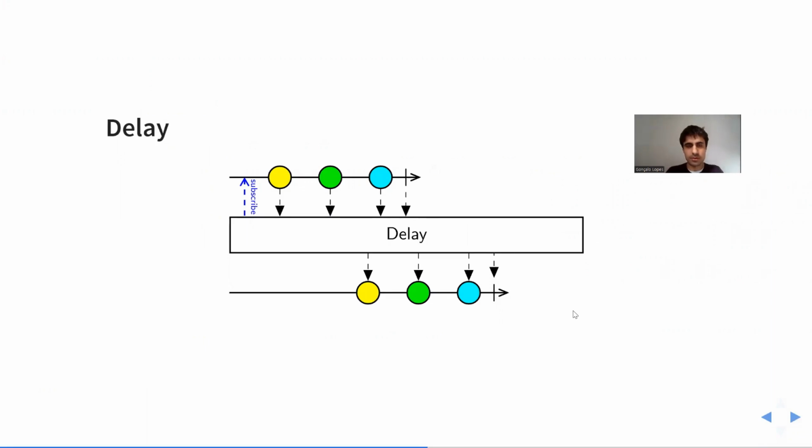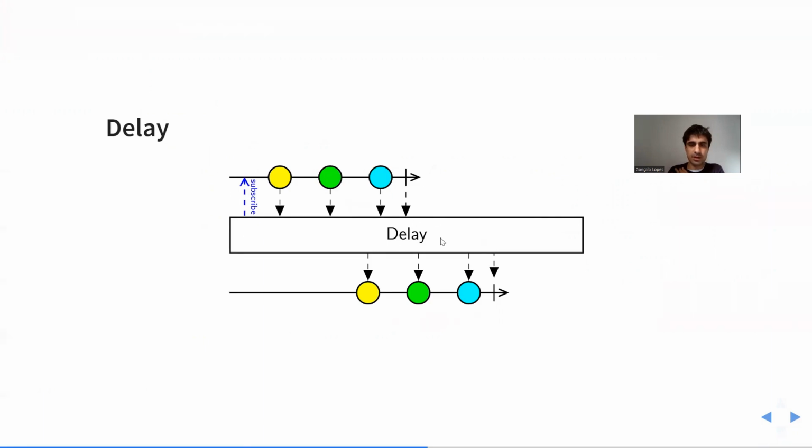Okay, so another interesting operator is delay. So delay now does something a little bit different to the elements of a sequence. So it starts by subscribing to the source sequence.